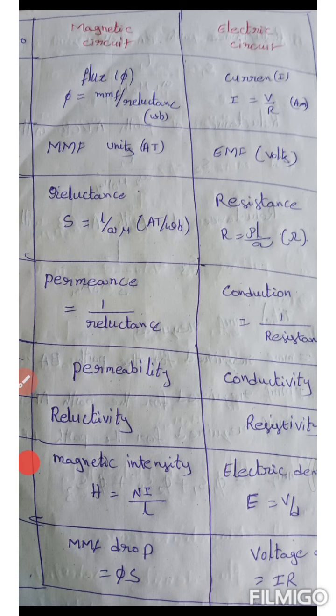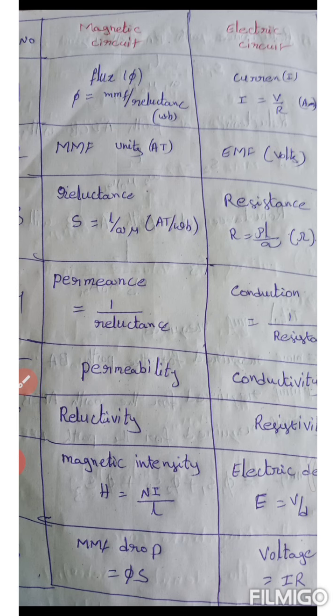Why? Because if you remember this analogy between electrical and magnetic circuits, we can easily understand the series and parallel magnetic circuits and their expressions also.